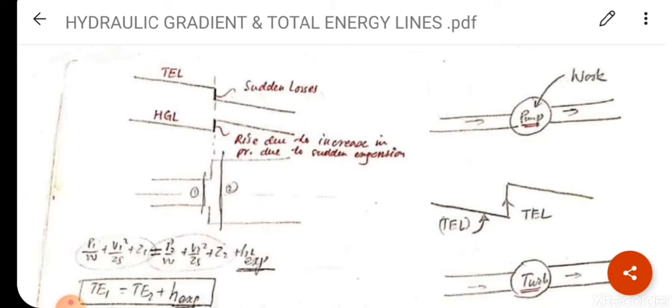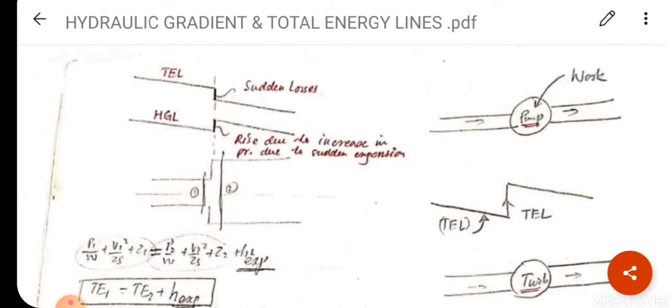At section 1 diameter is smaller, and at section 2 diameter is larger. So what will be the effect? That is in case of total energy line and in case of hydraulic gradient line.